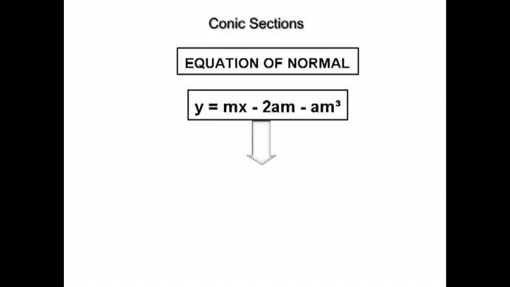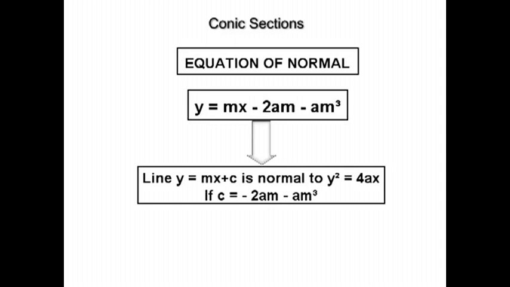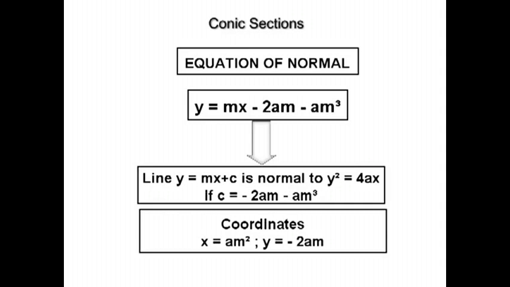Hence, the line y = mx + c is normal to the parabola y² = 4ax if c = -2am - am³. And the coordinates of the foot of the normal are x = am² and y = -2am.